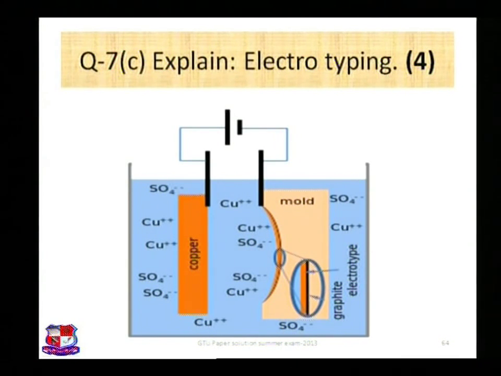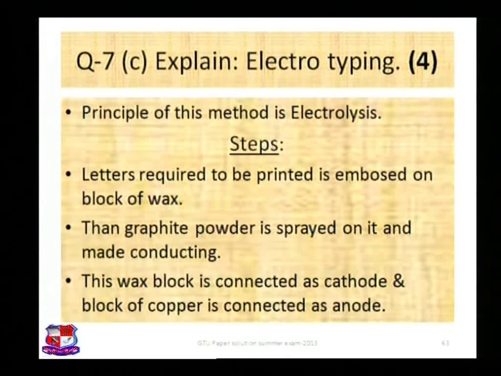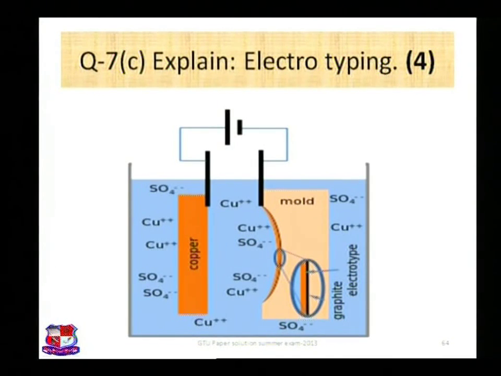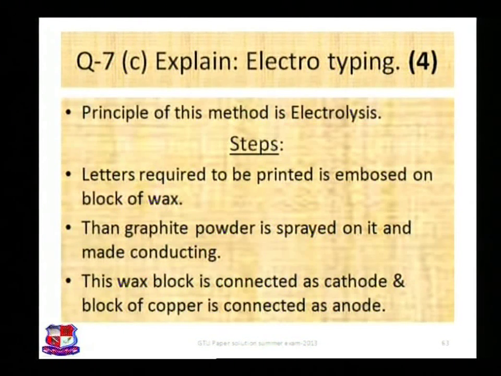The letters to be printed are embossed on a block of wax. Then graphite powder is sprayed on it to make it conducting. See the diagram, there is graphite powder sprayed on the surface to make it conducting. This is the second step. This wax block is connected as cathode and a block of copper is connected as anode.